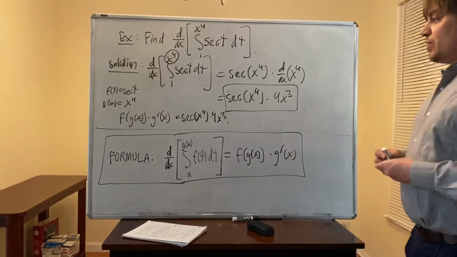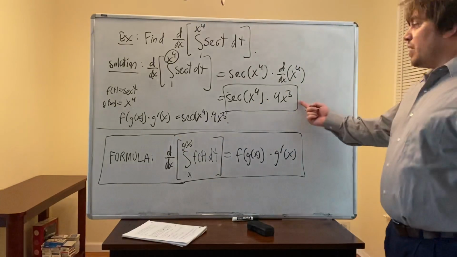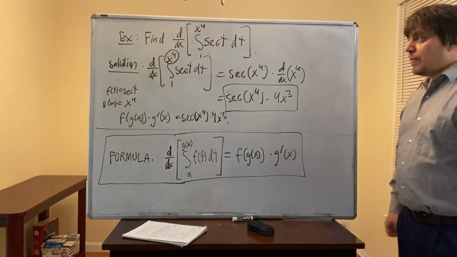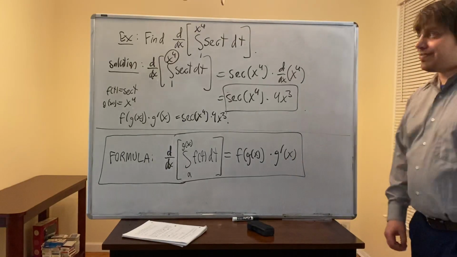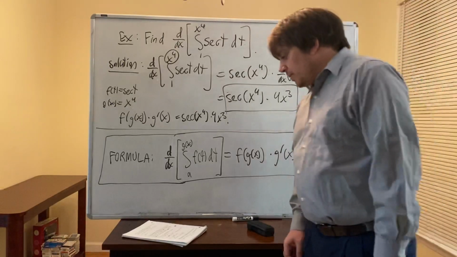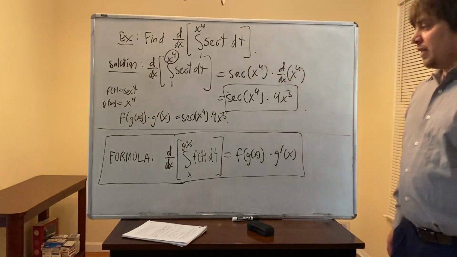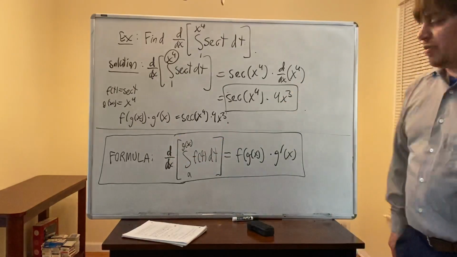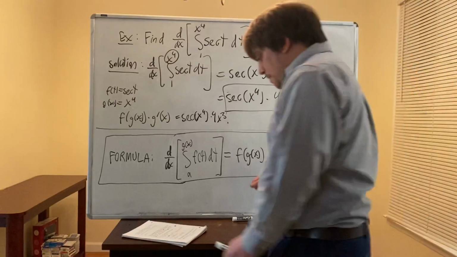So f of g of x times g prime of x gives you secant of x to the fourth times 4x cubed. If you use this formula for these types of examples, you'll get the answer. I remember having difficulty with this problem at first too. You just use this formula and you'll get the answer.